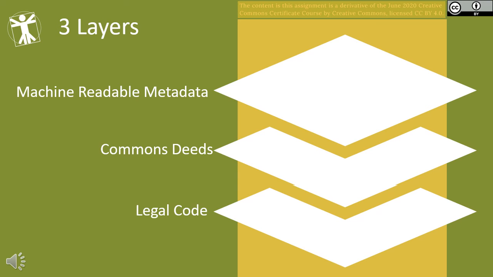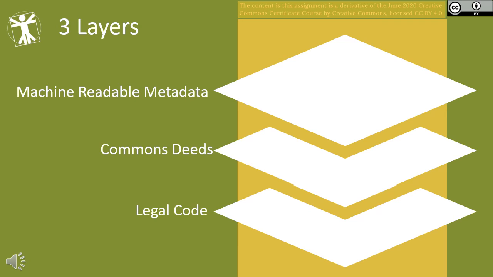The licenses themselves consist of 3 elements. The top element is the element that is read by computers. This is machine-readable metadata that contains a summary of the key freedoms that have been granted and the obligations imposed, and it is written in a format that applications, search engines, and other technology can understand.